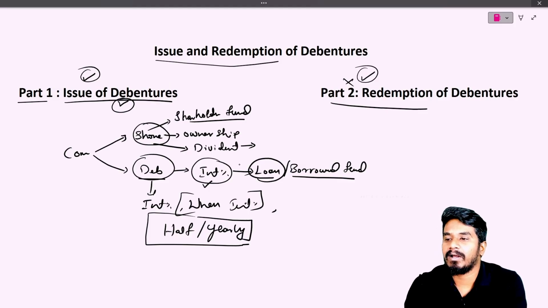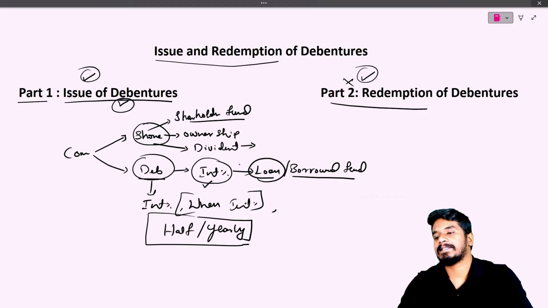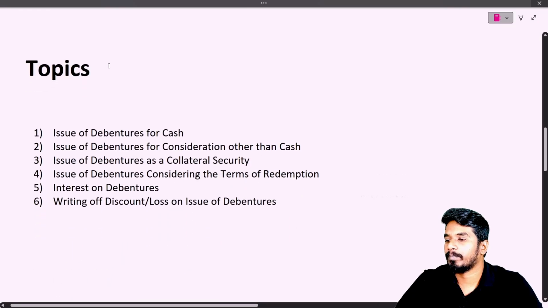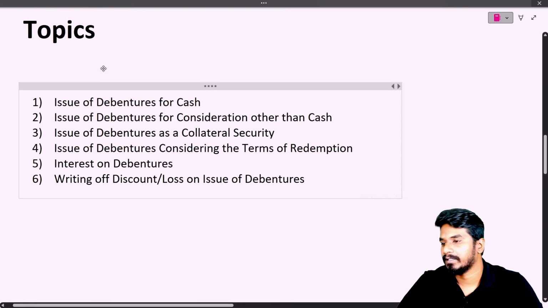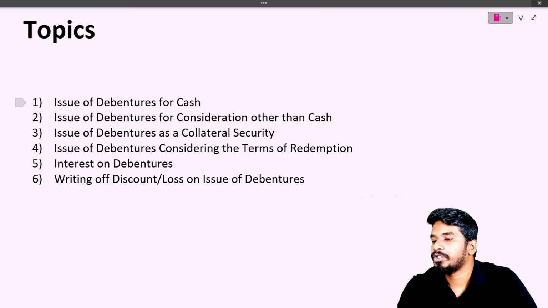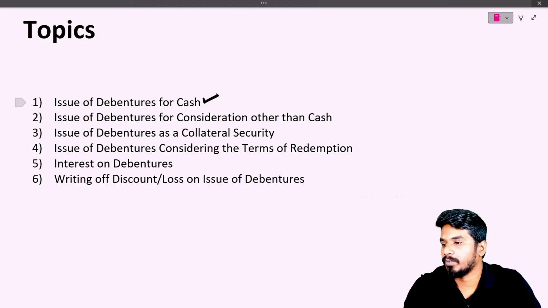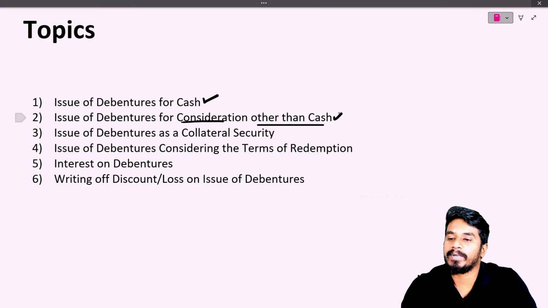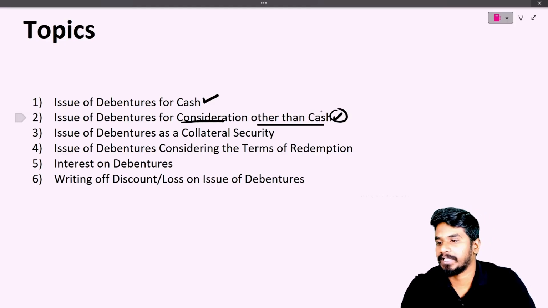So let us see all the topics we are going to cover in issue of debentures. These are the six topics. Issue of debentures for cash, the first one, and issue of debentures for consideration other than cash. This topic is also there in issue of shares. Then issue of debentures as collateral security, and issue of debentures considering the terms of redemption.